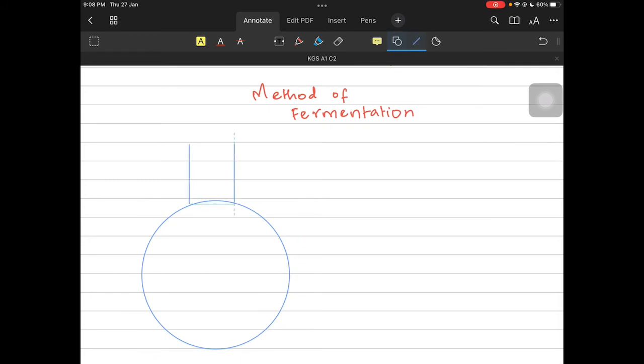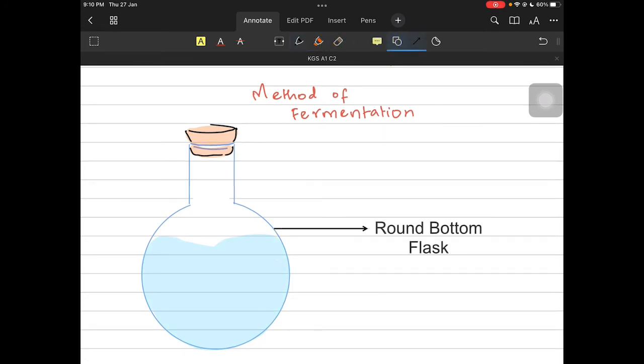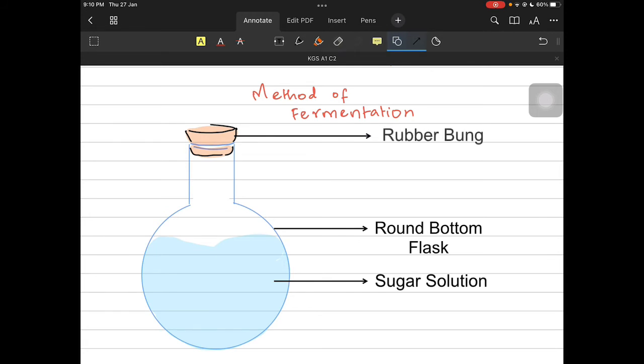We take a round bottom flask. I am drawing the round bottom flask over here. Then obviously we take a sugar solution, the solution of a carbohydrate, perhaps a glucose solution. We make sure there's a rubber bung on top of the round bottom flask. Why do we have it?